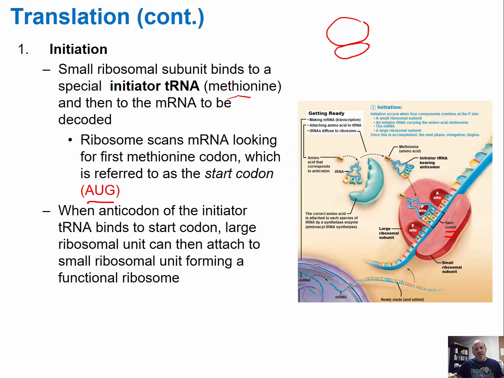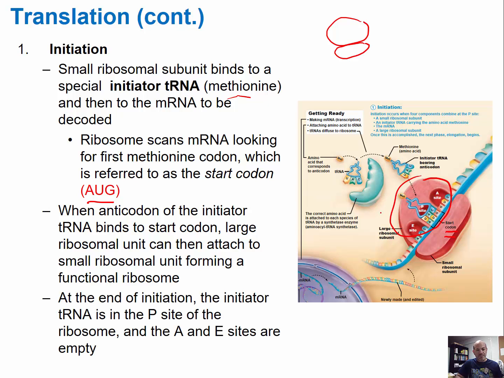So when the anticodon of the initiator tRNA binds to the start codon, the large ribosomal subunit can then attach to the small ribosomal subunit, forming a functional ribosome. So it kind of looks like a sandwich at this point. But once the start codon and the anticodon find each other, then this large ribosomal subunit comes in and bonds to the complex, forming the larger ribosome.